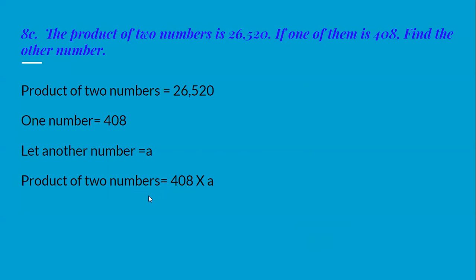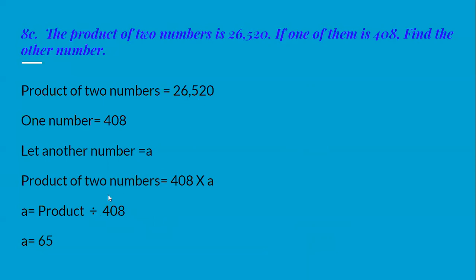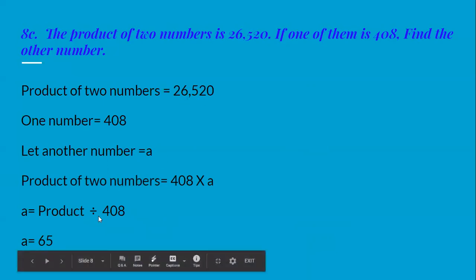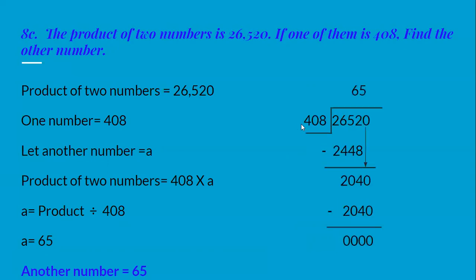Now we put the values, and to find A, A equals product divided by 408. Now the product is 26,520. 26,520 divided by 408. Let's see the division. We will get A equals 65, which means the other number is 65.